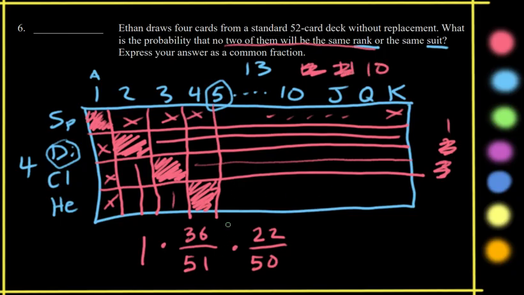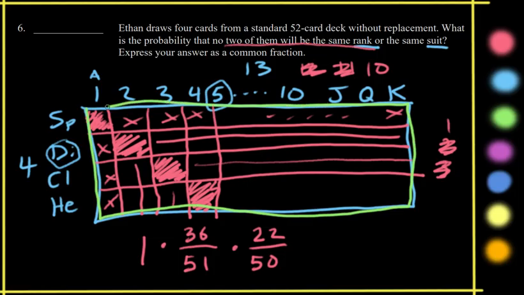So basically I'm computing the areas of these different rectangles, right? So the first rectangle is 52 out of 52, right? And then the second rectangle is going to be this one, which is 36 out of 51.